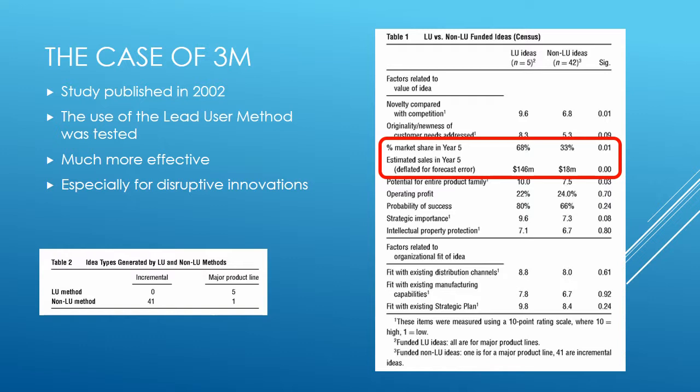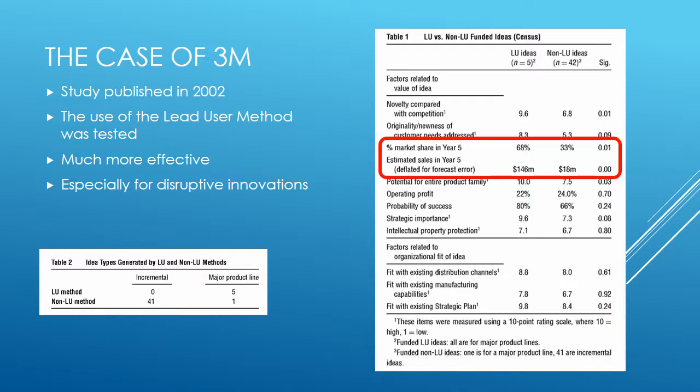But for now, let's take a look at this study about the use of the lead user method at 3M. The study was published in 2002, and it shows us very well what the impact of the lead user method was.